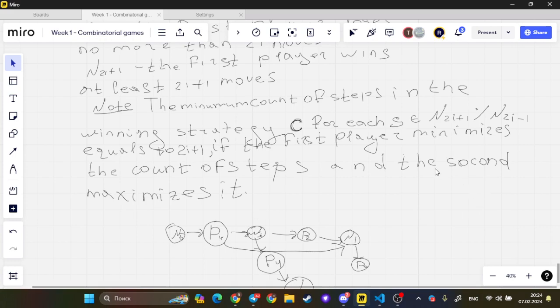Why do we need these conditions, that the first player minimizes it and the second player maximizes it?